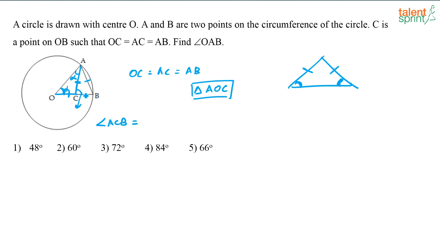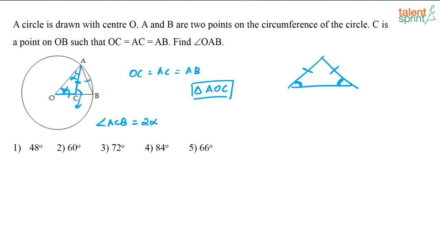This angle ACB is the exterior angle. This exterior angle ACB is equal to 2 alpha, that is, the sum of the remote interior angles. That is another property of triangles that you are making use of here. So if angle ACB is equal to 2 alpha, how do I say that?